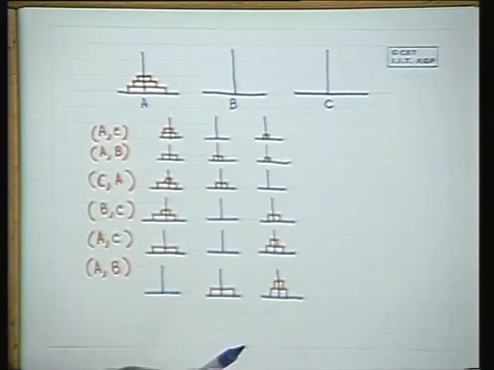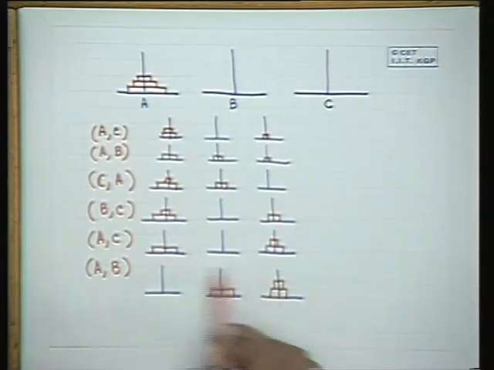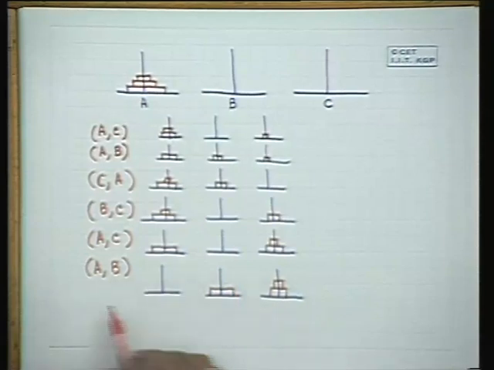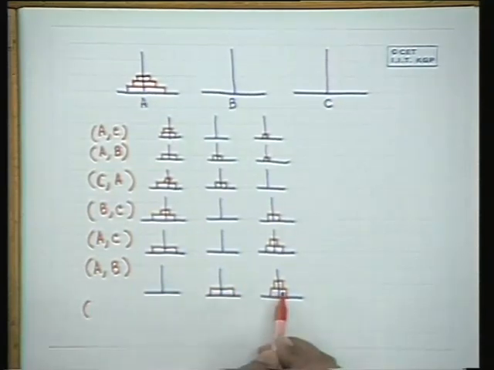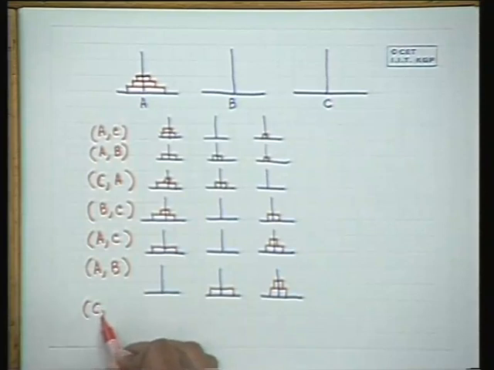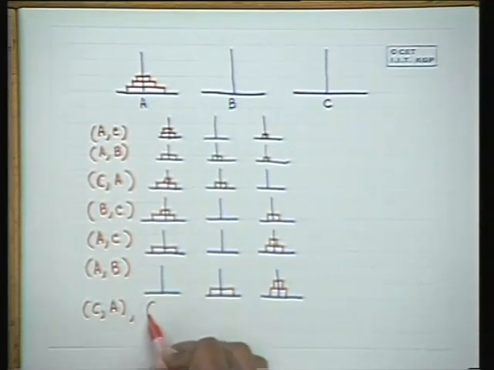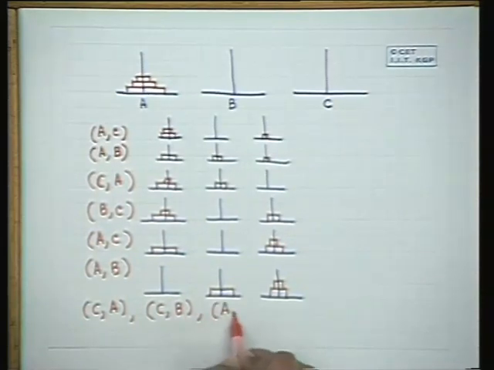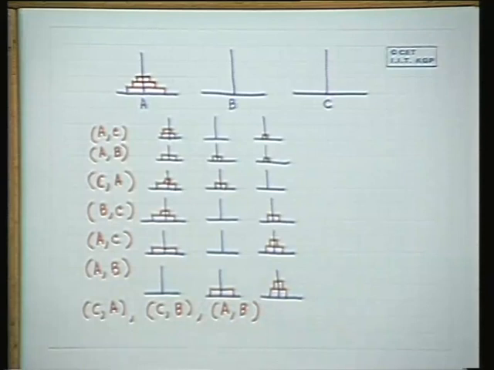I can use the problem of induction, and I can straight away write out that to solve this one I will move this one here, this one, next one here, and this one back. So the sequence of steps is C to A, C to B, and A to B. I hope I do not have to write down these diagrammatically, it is quite clear.